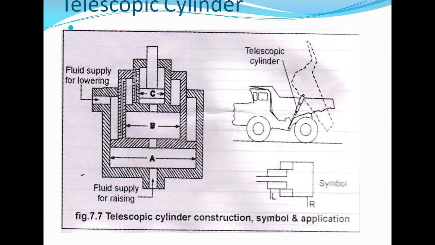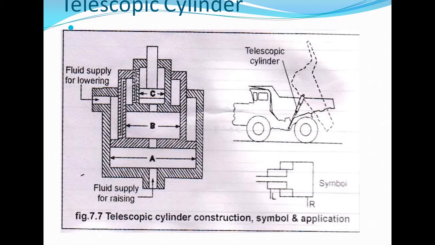In the figure you can see the construction of a telescopic cylinder. There are A, B and C, these are the three pistons here. Fluid supply for rising: this is the port through which pressurized fluid will be provided from this end. Due to this pressurized fluid, A will start moving upwards, then B will start moving upward.